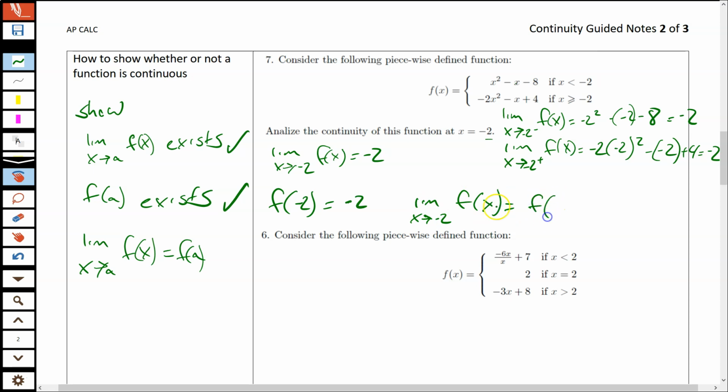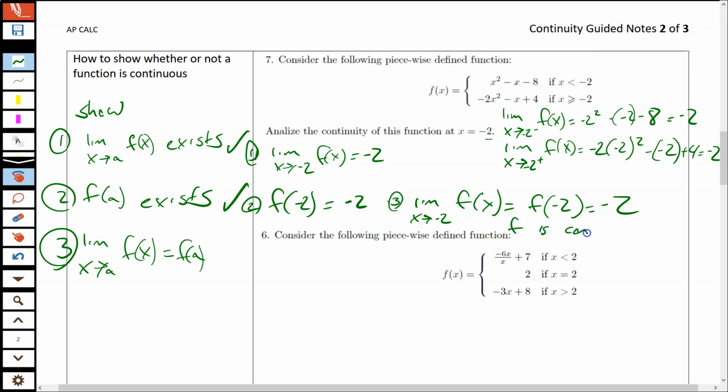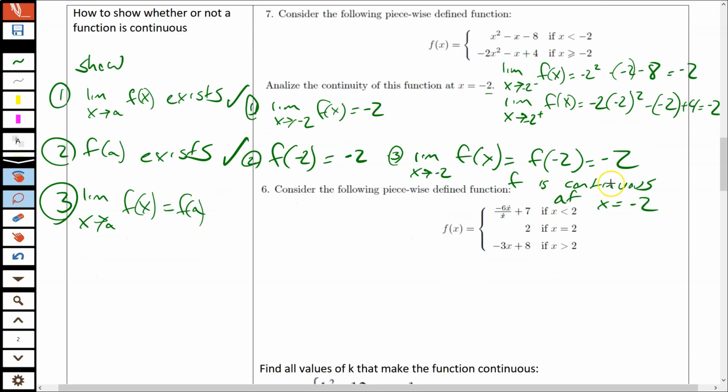So I would say that this limit is equal to f of -2, which is equal to -2. And then I've shown, I have 1, 2, 3 parts. I've shown by showing that these three things are true, that f is continuous at x equals -2.